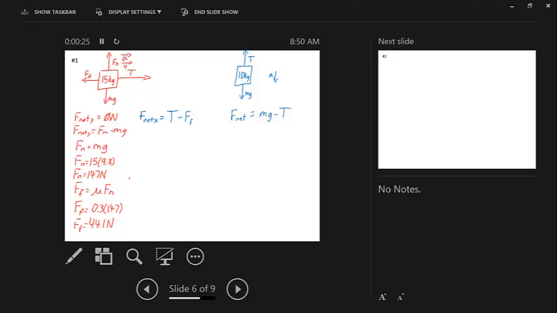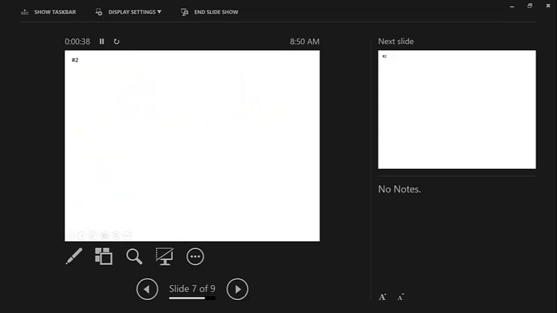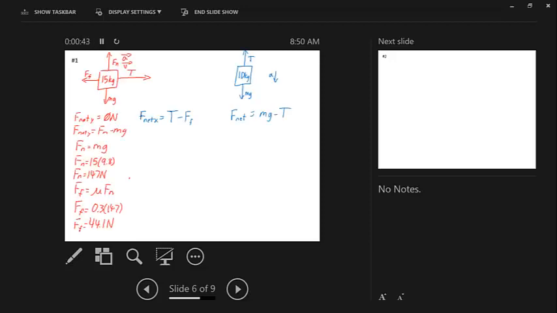All right. Here's what we know. F net in X is going to be equal to tension minus frictional force. We now know frictional force. Frictional force in the y is equal to... no, there's no frictional force in the Y. This was friction in the X. We found this.